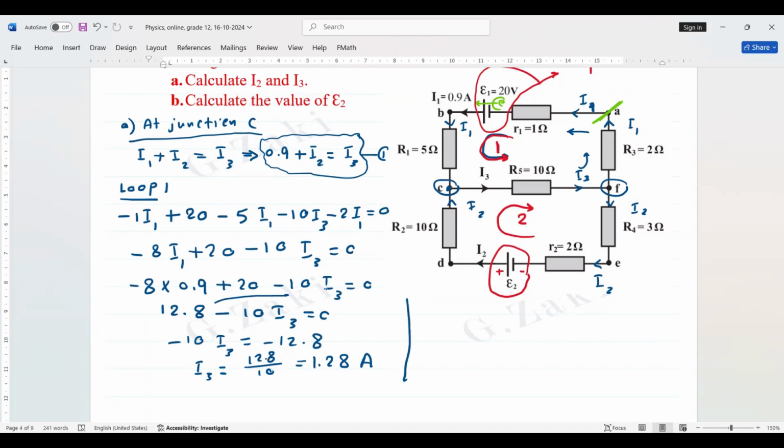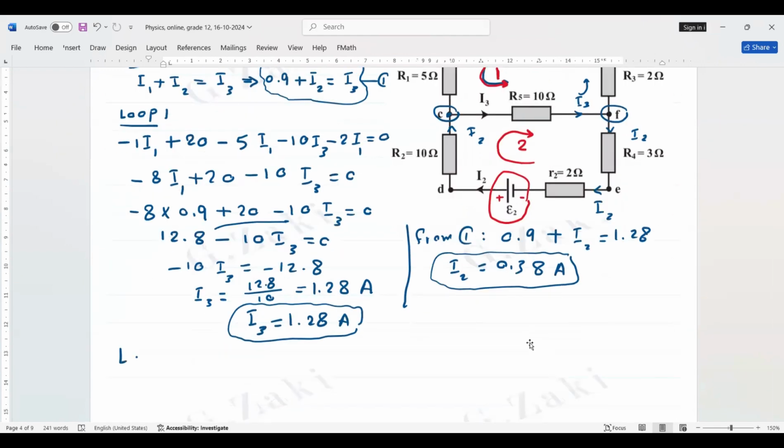Substitute from equation 1: 0.9 plus I2 equals 1.28. Then I2 is 1.28 minus 0.9, and the answer is 0.38 ampere. Then we write loop 2.